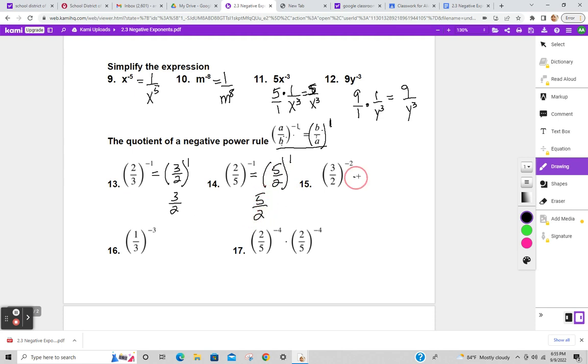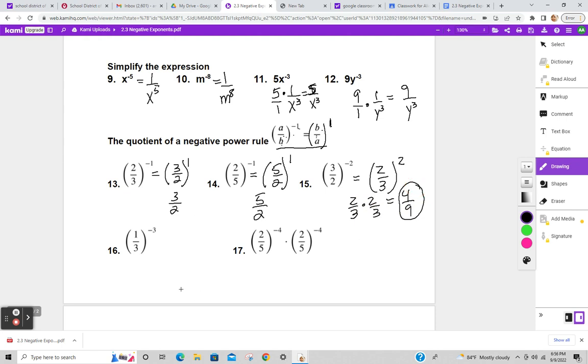Okay? For this one, we're going to get 2/3, flip-flop what's inside, and then change the power to a positive. And these two expressions are equivalent in different forms, that's all. So now we can simplify that some more. Isn't that 2/3 times 2/3, which is 4/9.